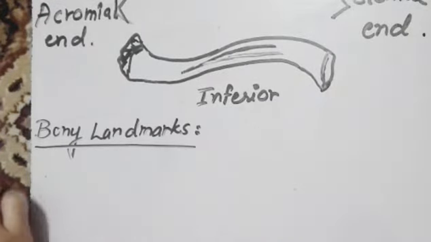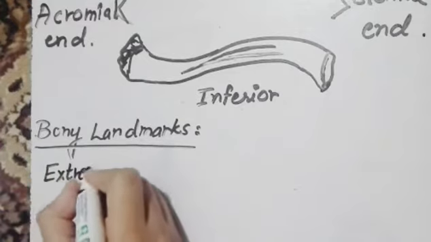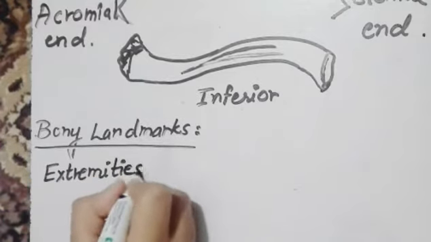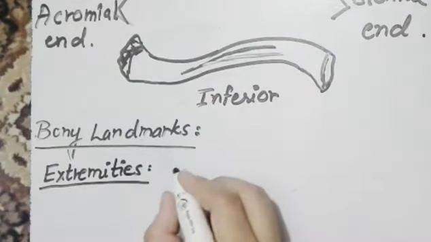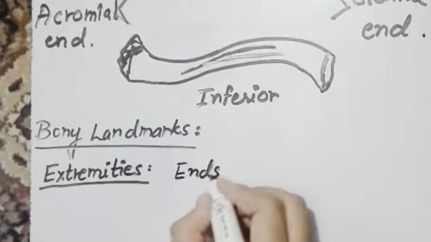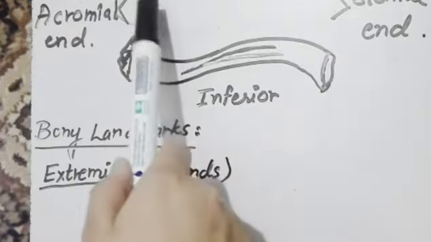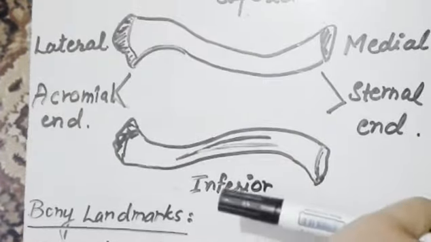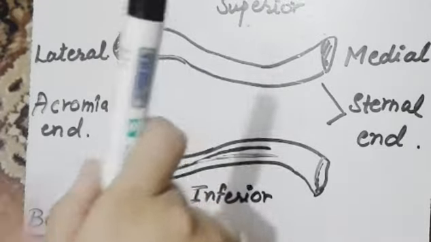First of all, we'll talk about the extremities of the clavicle. Extremities are also called the ends of the clavicle. So how many ends of the clavicle are there? That's obvious. Two. The two ends are the acromial and sternal ends. This is the acromial end, and it is flat.